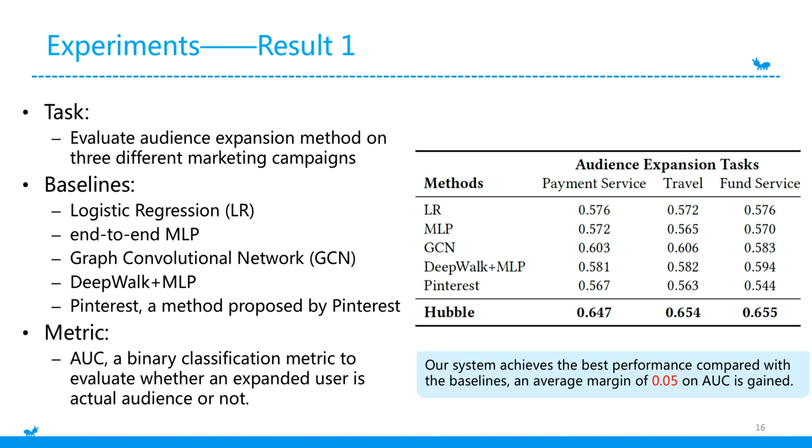On one hand, the offline part of the Hubble system utilizes ADGN to describe users in a more comprehensive way. On the other hand, the online part employs KDAE to alleviate the coverage bias introduced by seeds, while other methods fail. By combining these 2 advantages, the Hubble system achieves the best performance compared with both end-to-end classifiers and 2-stage methods.